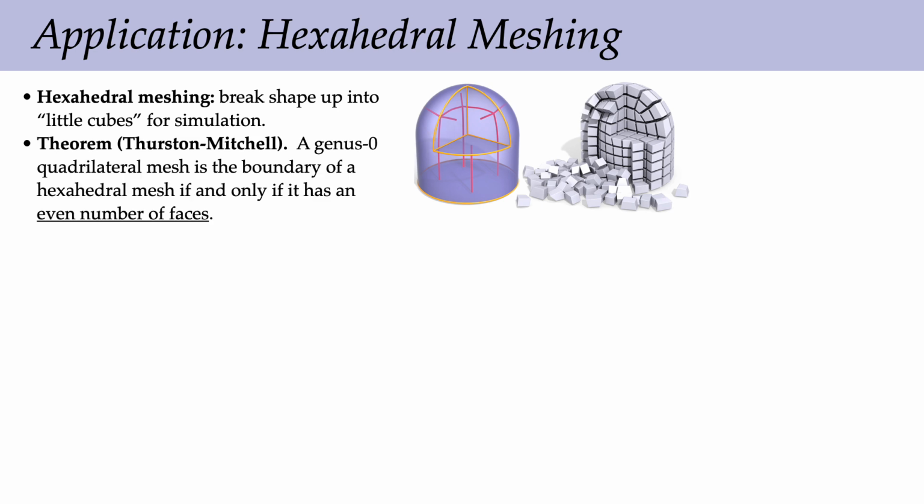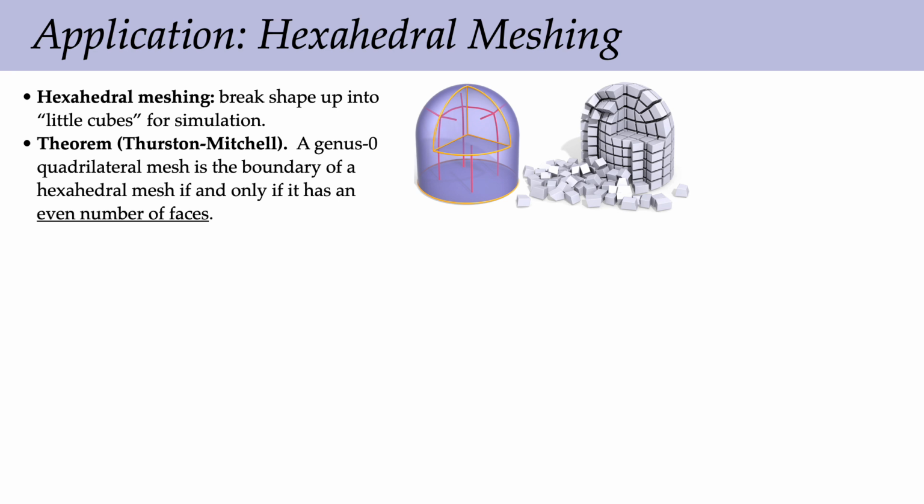Then there's this theorem from Thurston and from Mitchell that says a genus 0 quadrilateral mesh, meaning a mesh that is topologically the same as a sphere, is the boundary of a hexahedral mesh if and only if it has an even number of faces. So that's really nice. As long as I just count up the faces and it's 2n for some integer n, then I know I can find a compatible volumetric mesh.